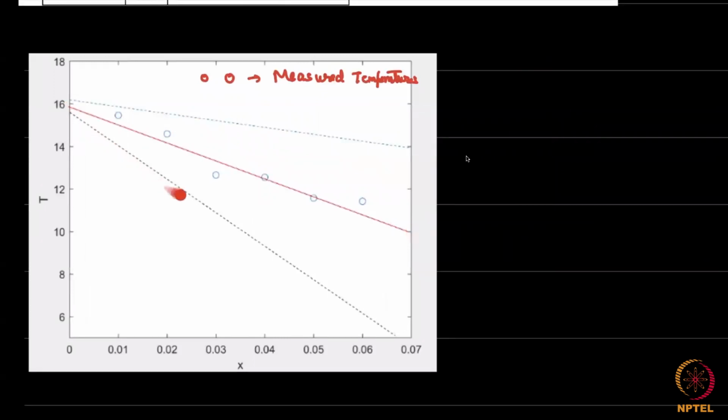And depending on what fit we choose, suppose we choose this fit as linear, then you get a different measured temperature. And if you choose this, you get a different measured temperature. All of us can see that probably somewhere like this is what we would call the visual best fit. This is what looks the best. But is that all?